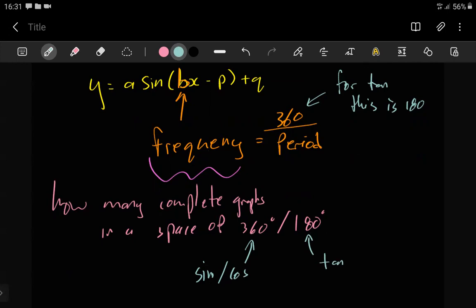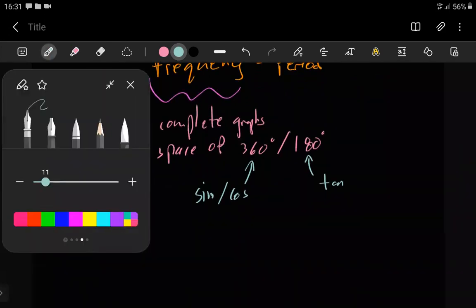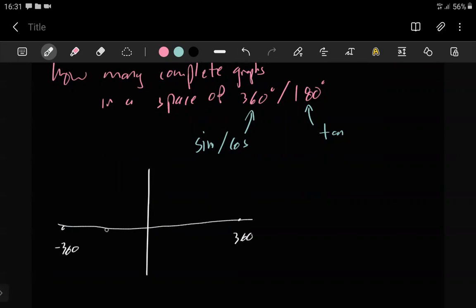So what I mean by that is the standard images that we know of trig graphs, we usually just see them from 0 to 360. But let me just draw an image that goes from -360 to +360 of a sine graph.